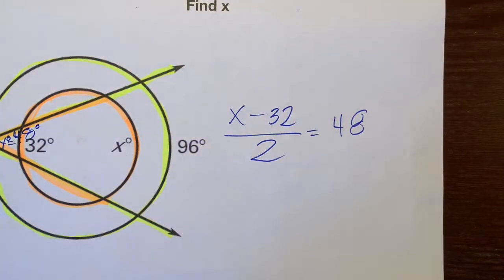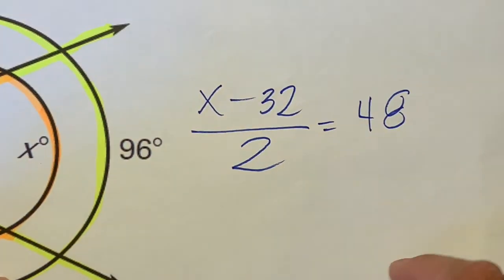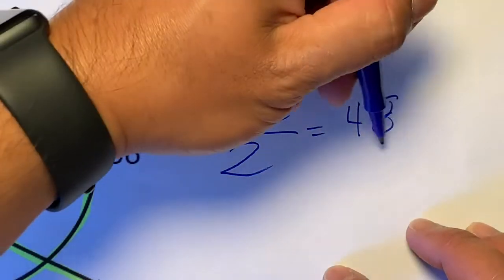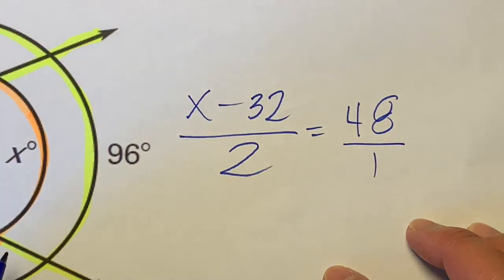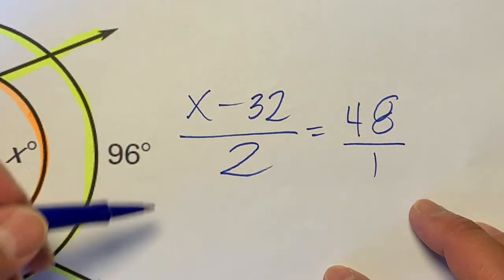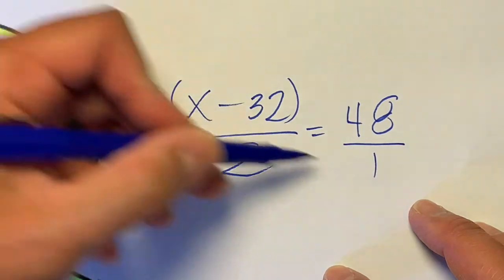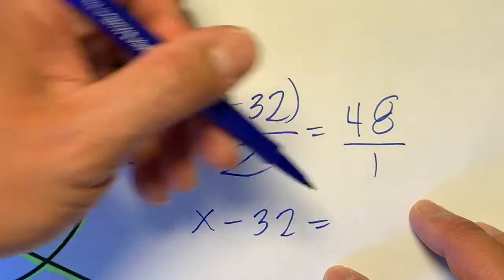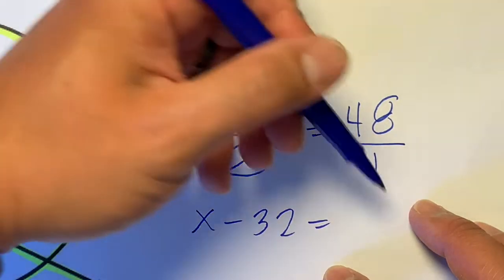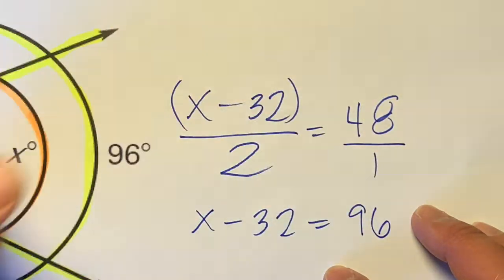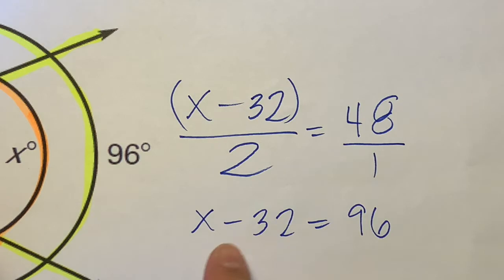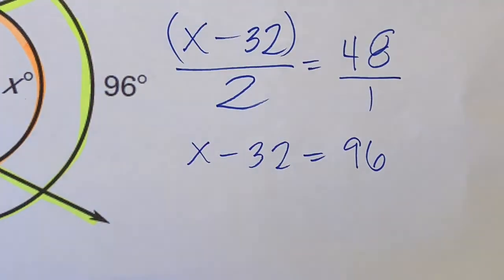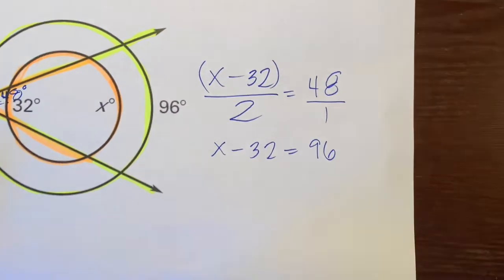And then we'll just solve it. So let's make this into a proportion. We'll set the invisible 1 under that 48, and we'll cross multiply. So 1 times all of this is all of this. x minus 32 is equal to 2 times 48, which is 96. And then we'll add 32 on both sides, because the opposite of subtraction is addition.